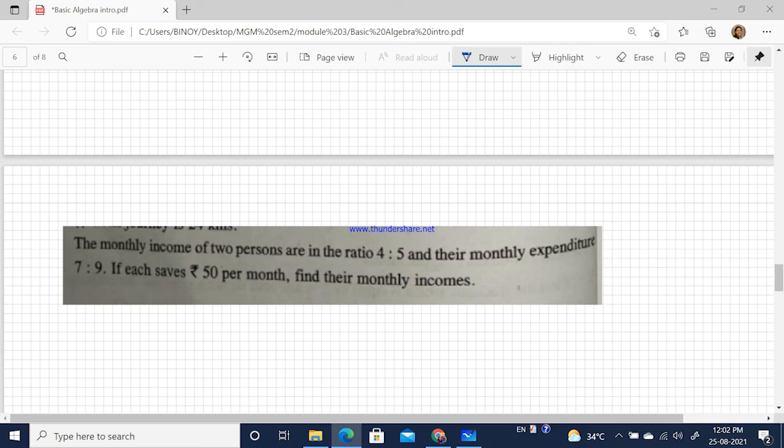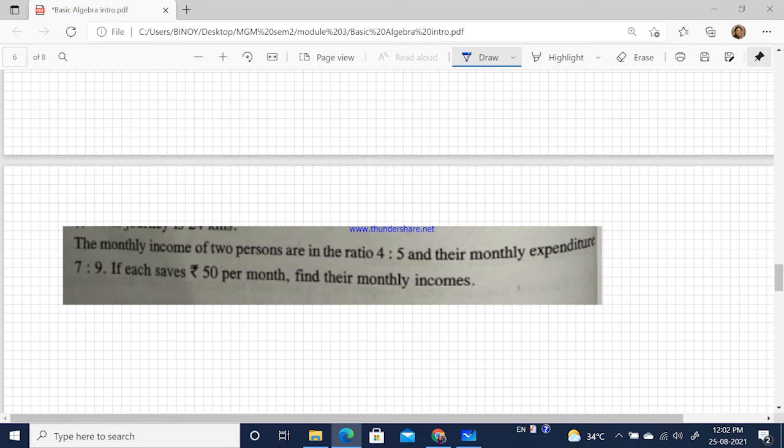Moving on to the next question. So the next question says the monthly incomes of two persons are in the ratio 4:5, and the monthly expenditure is 7:9. If each saves rupees 50 per month, find their monthly income.